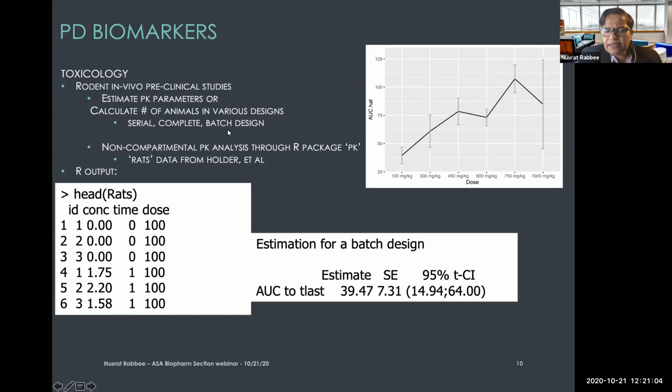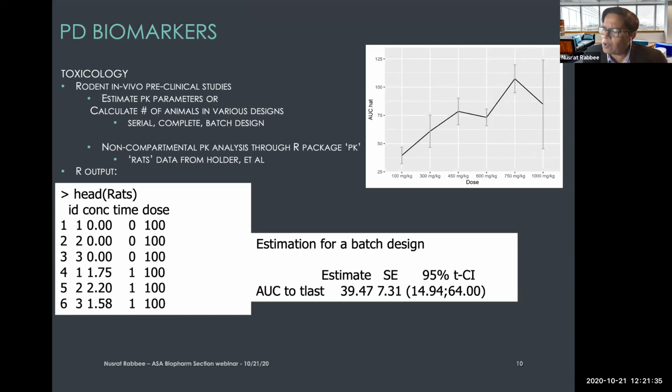And the batch design is more prevalent, where some time points are available from some animals and other animals are measured at other time points. So batch sampling is a sparse sampling. The entire time course is not available, so we need special AUC and standard error of the AUC calculations.